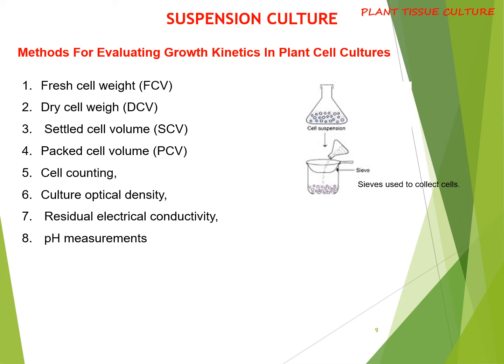The samples are then cooled in a desiccator and weighed. The difference between the final weight and the initial weight gives the dry weight of the sample. The samples are pooled every week to study the growth of suspension culture.